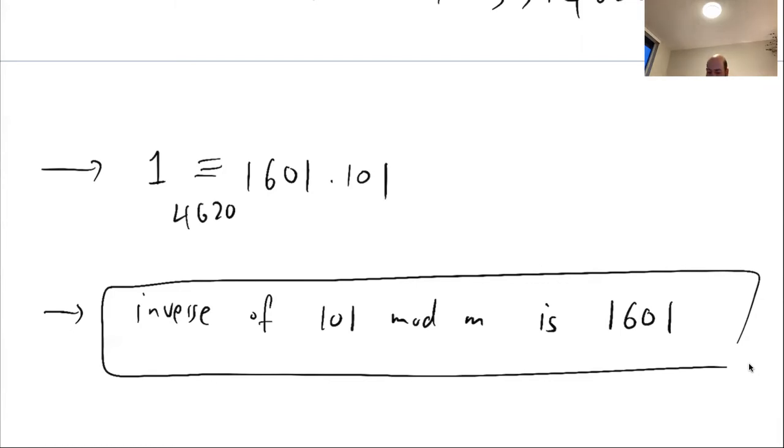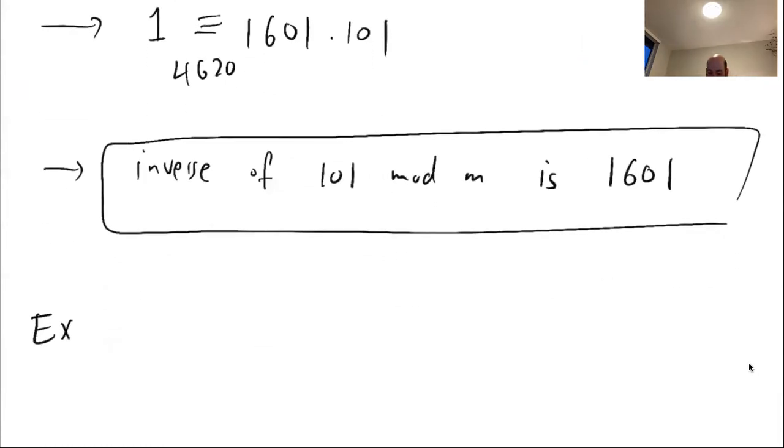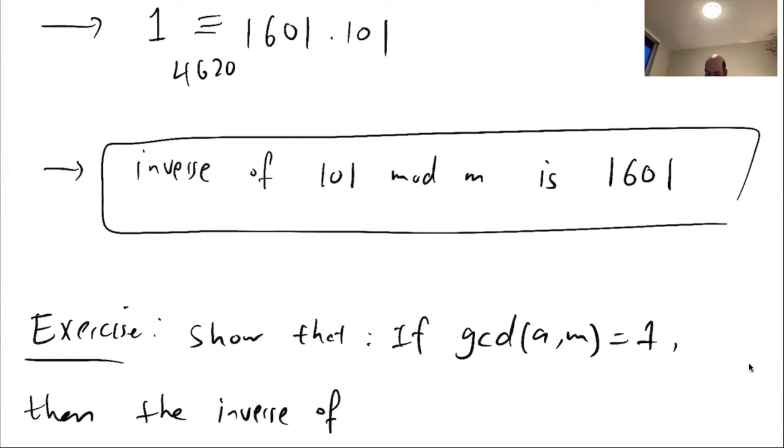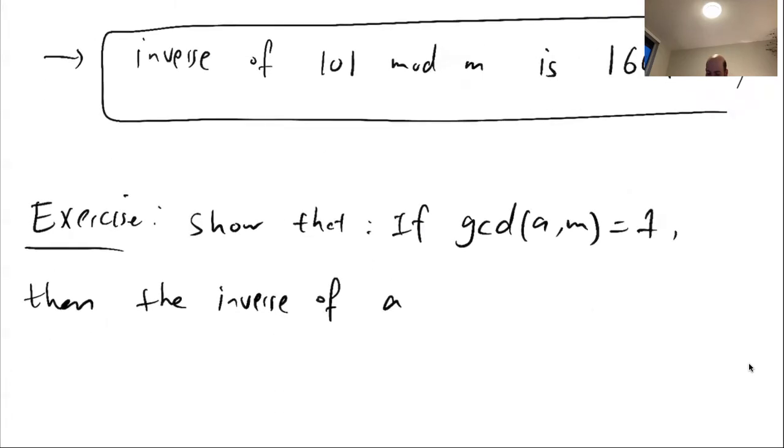Okay. So now one exercise that you can try to prove is: show that if GCD of A and M is equal to 1, then the inverse of A is unique mod M. We already proved in theorem part A that if GCD is 1, the inverse of A exists.